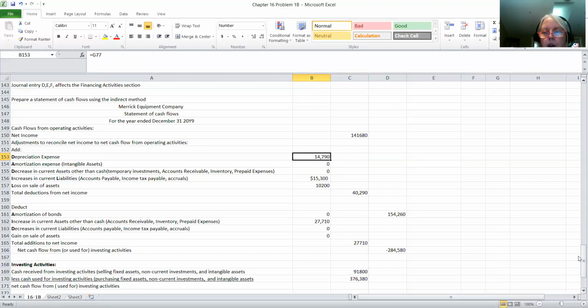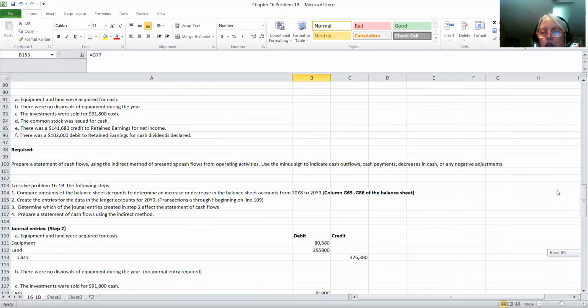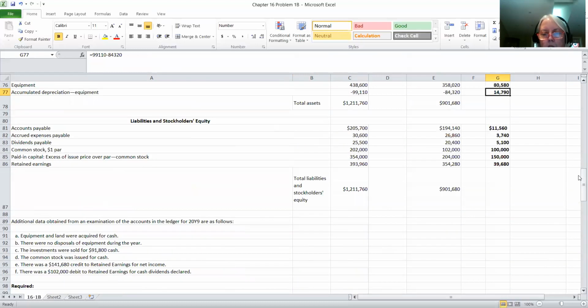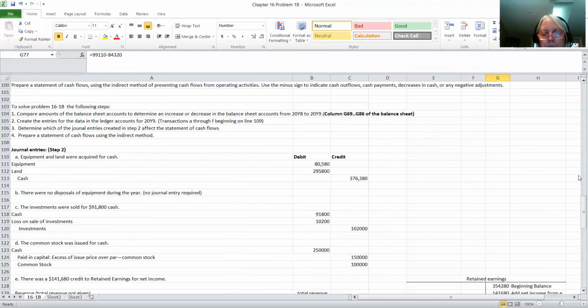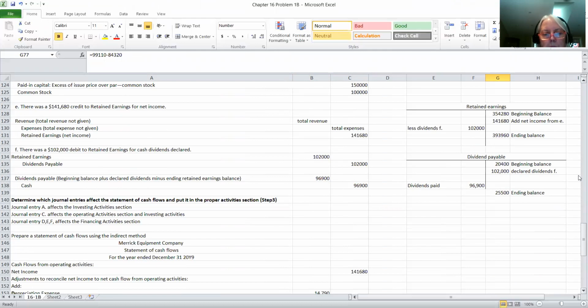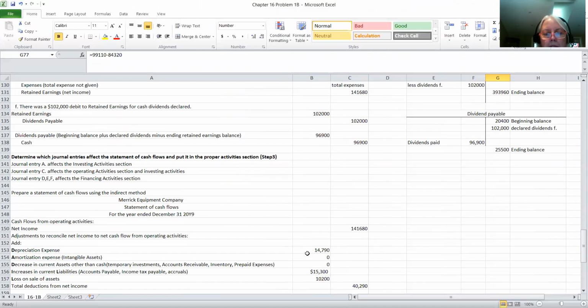Find the difference between the first year and the second year, and the amount of the accumulated depreciation amounted to $14,790. And that is the depreciation expense for that period of time.